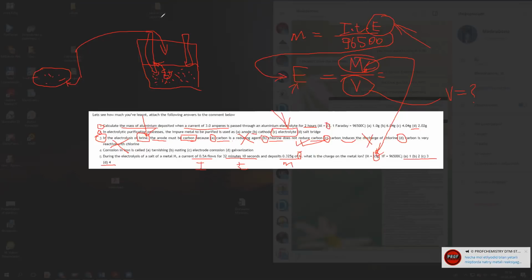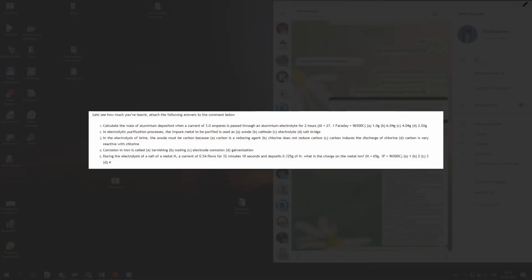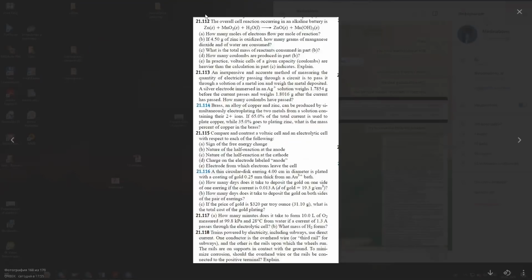Now we're gonna move to another problems. Can you read the problem number 21.112? The overall cell reaction occurring in an alkaline battery is... So how many moles of electrons flow per mole of reaction?